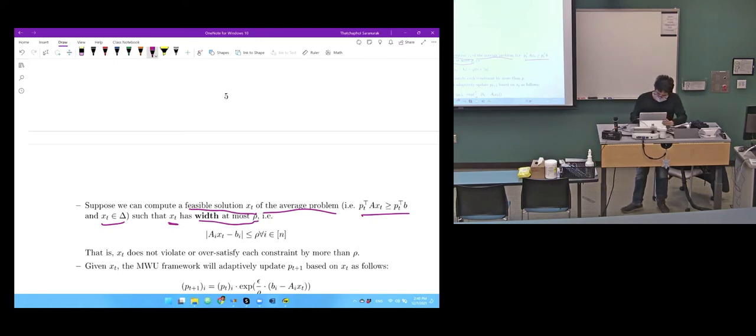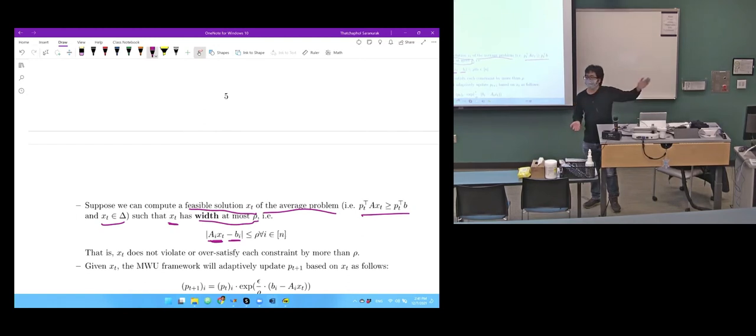If you look at the ith constraint here, X times the ith constraint minus bi, this is not too big. It's not violated by too much, and it also does not over-satisfy. So I want this to be true. That's your task for each round. The framework gives you the weight, and you solve this average problem. It's much easier, but you also need that it doesn't violate the original thing by too much.